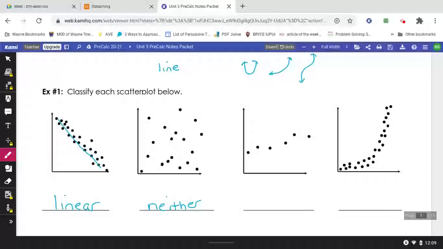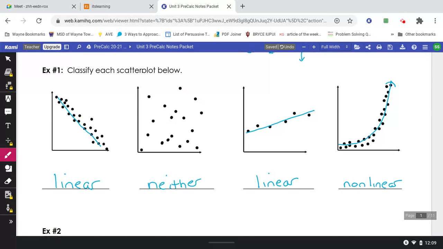The third one is linear. There are fewer dots, so people tend to connect the dots, but that's not what we're doing here. We're just looking for generally what shape it makes, and those look pretty straight like a regular line. The last one is nonlinear. That would actually be an exponential graph. Something like 2 to the x power.